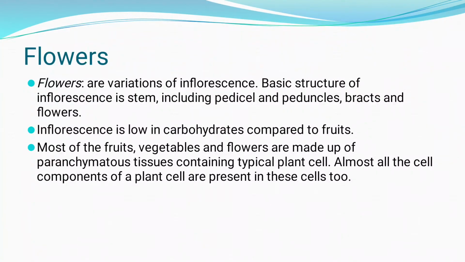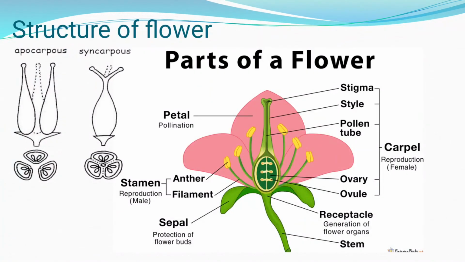Now we'll go for the structure of flower. We can see a simple structure of flower having the female reproductive part, the male reproductive part, and some other parts of the flower, starting from down the stem. Then there is a receptacle, where all flower organs are settled.